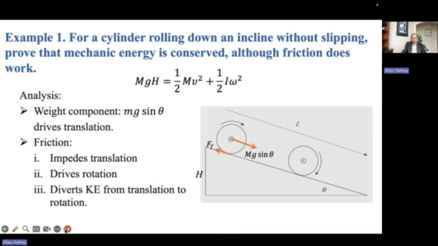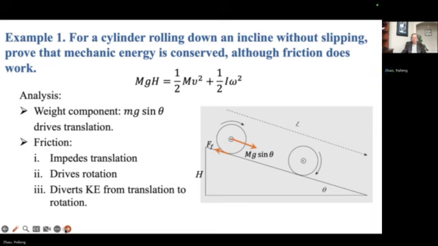If we have a cylinder rolling down an incline without slipping, that means the static friction drives the rotation of the cylinder. So the rotation will follow the translational motion going down along the incline surface.